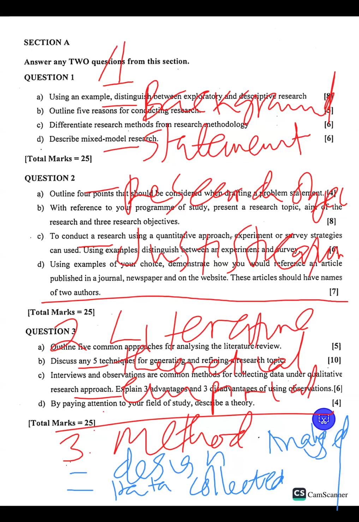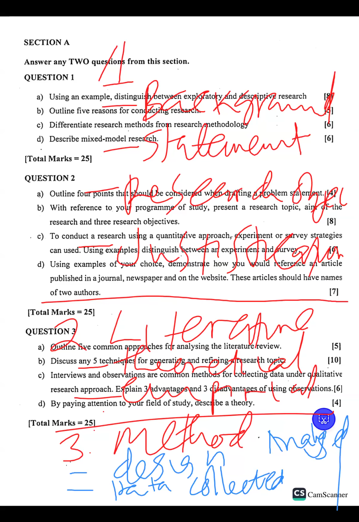Those are some of the key things that come out in your research proposal, and at your level, you're just focusing on the research proposal part. I've omitted some of the small areas. I've just highlighted the key themes.